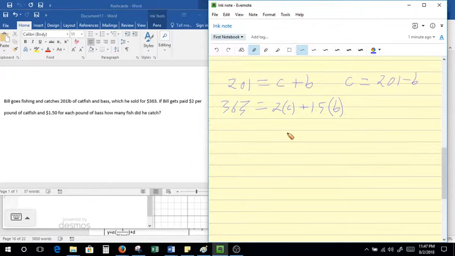I just moved B to the other side, and now I can sub in for C. 363 equals 2 times 201 minus B plus 1.5B. And let's distribute. So that's going to be 402 minus 2B plus 1.5B.